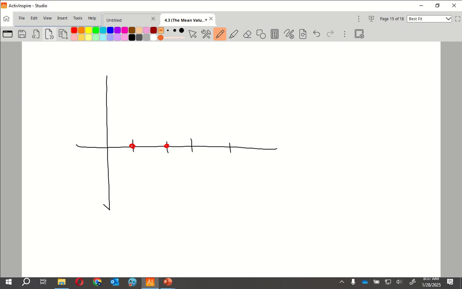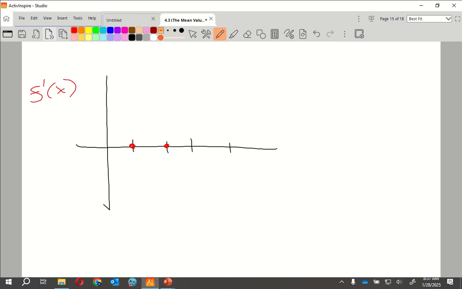So this is going to be the graph of the derivative. This is my f prime of x. So there are places where it is going to be equal to 0, there and there.